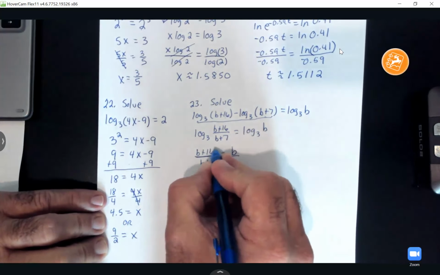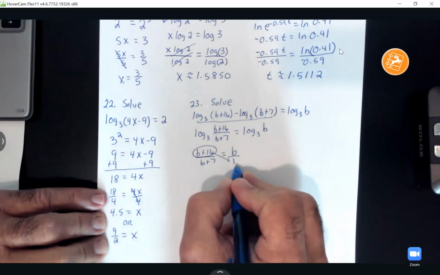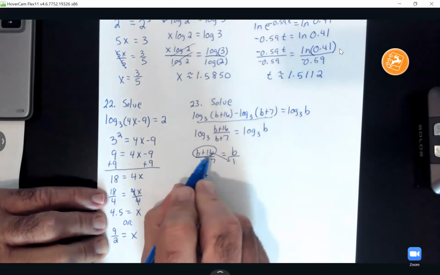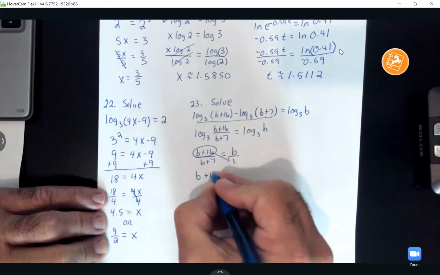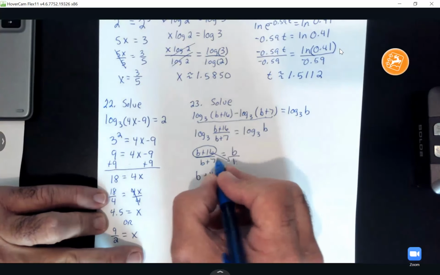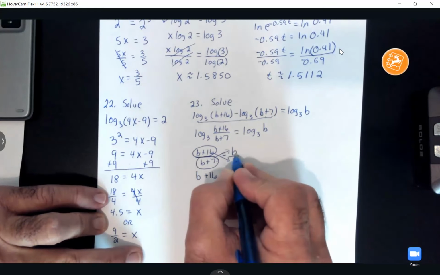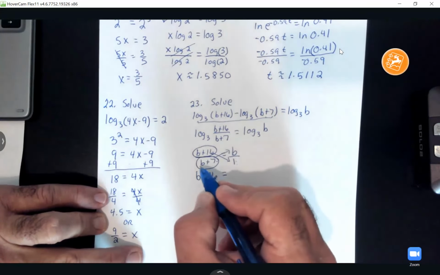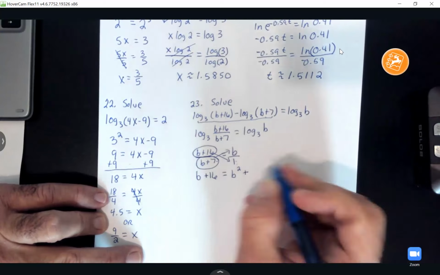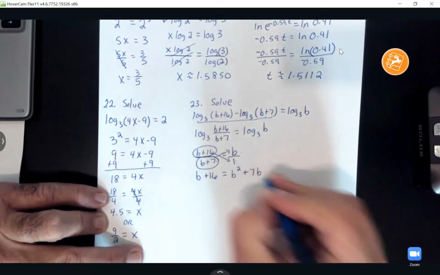To cross multiply, this b plus 16 is going to multiply by the 1. So b times 1 is b, plus 16 times 1 is 16. So that takes care of this side. Now the other side, I'm going to take this b plus 7 and multiply both of them times the b. So b times b gives us a b squared, plus 7 times b gives me a 7b.